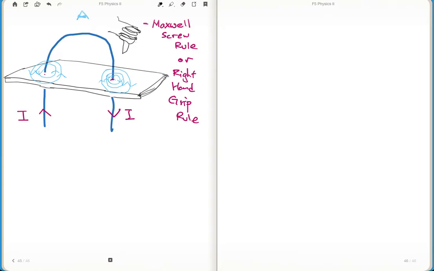I know I'm not very good at drawing, but I try my best, because the thumb follows the direction of the current. Current flows from positive to negative. Positive up, down. So thumb pointing up, the fingers close in anticlockwise. Whereas with thumb down, following current down, it will be a clockwise direction.